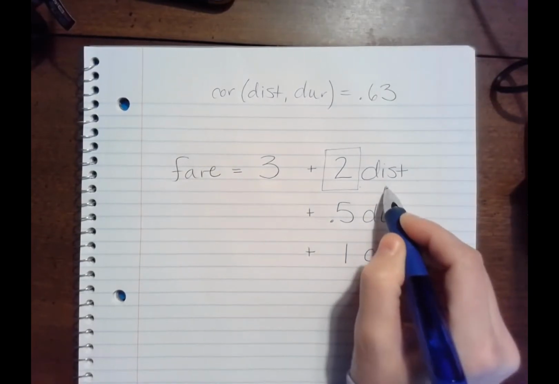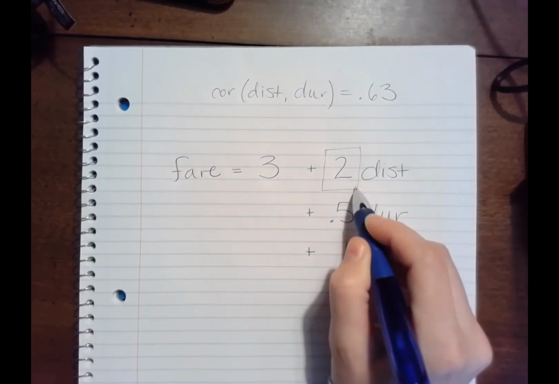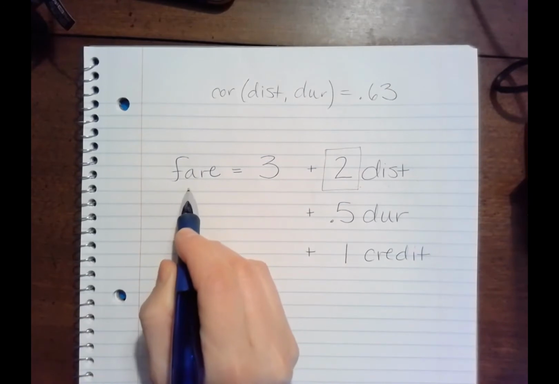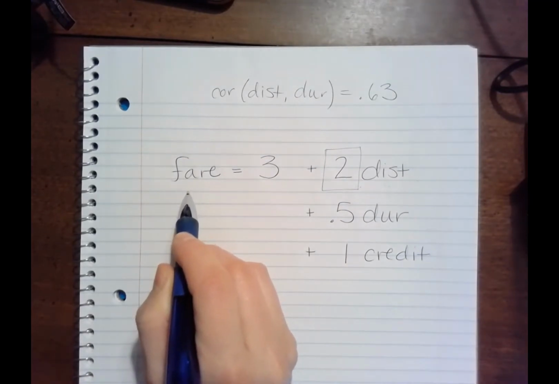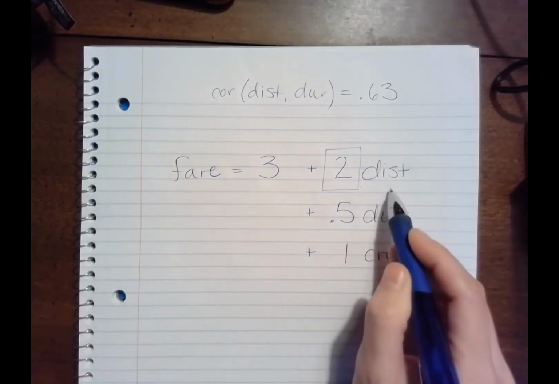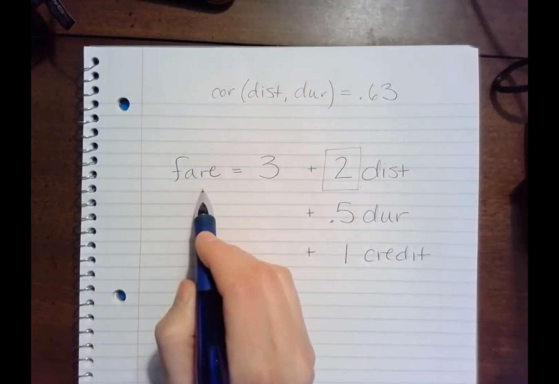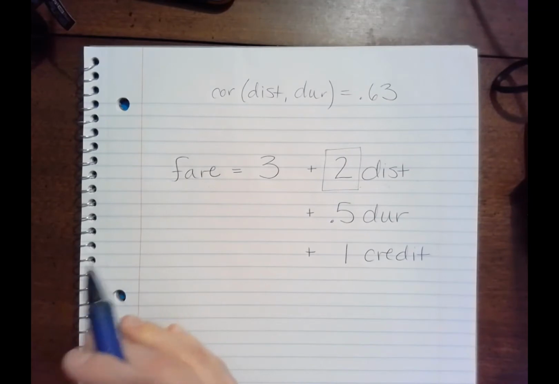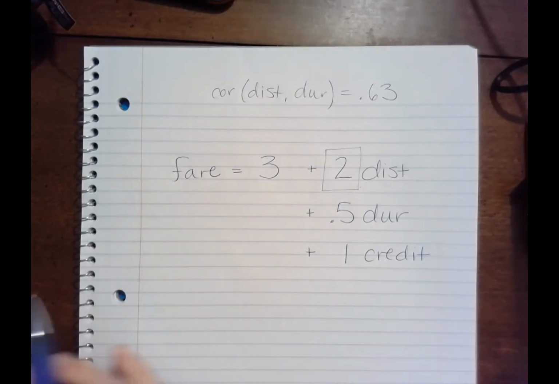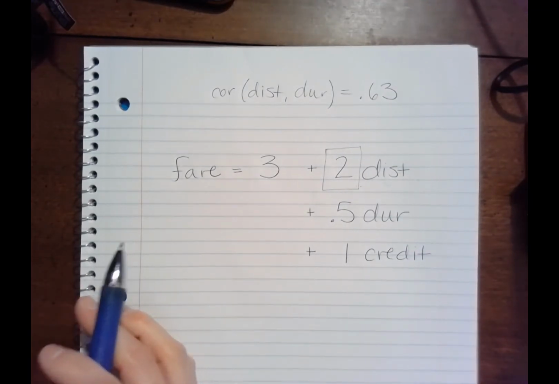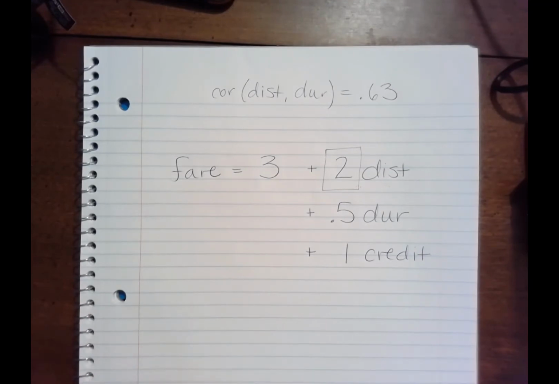So if I increase by 1 mile, 1 times 2 is 2, I would expect the fare to increase by $2 on average. If I increase from 9 miles to 10 miles, I would expect to pay $2 more on average. Doesn't mean that every ride where that happens is going to cost exactly $2 more. It just means on average the change was $2.